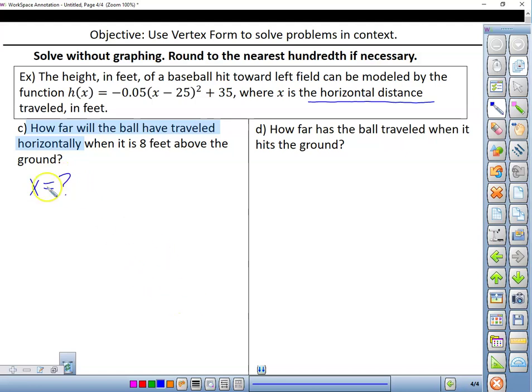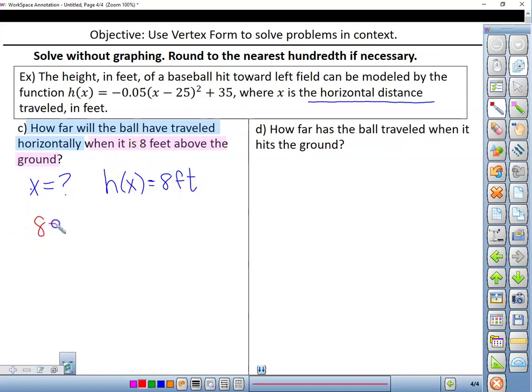And if we're looking for an x, we need a value for our h, or h of x. We need a number, and that's supposed to be a height, so we're looking for a height. So it says when it is 8 feet above the ground. So above the ground would be a height context. So that means that our h of x will be the number 8. So that allows us to set up this problem.